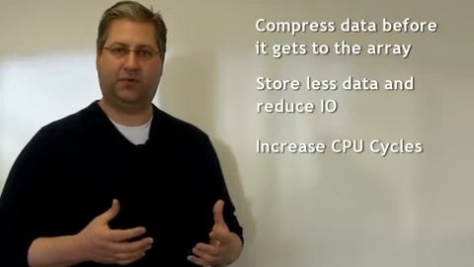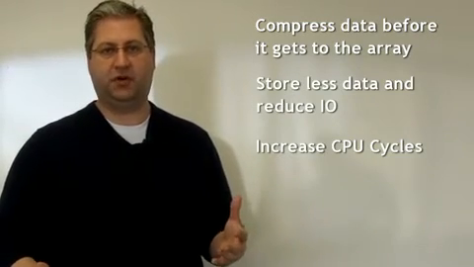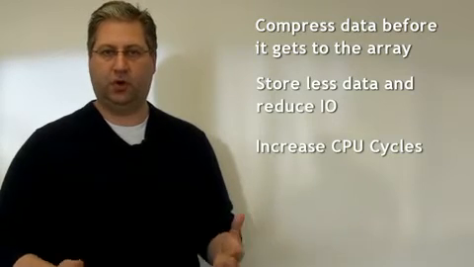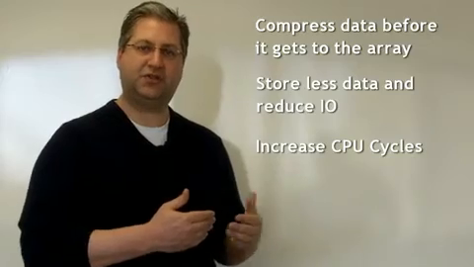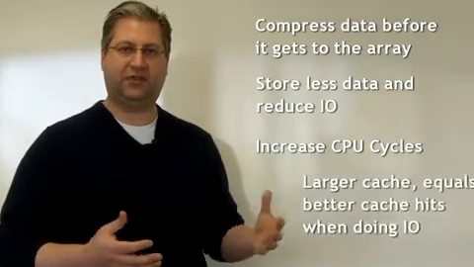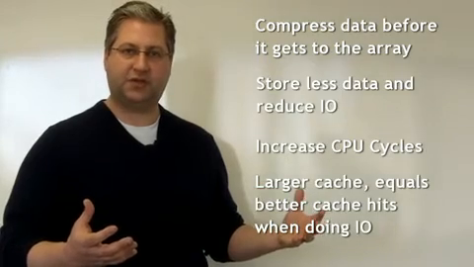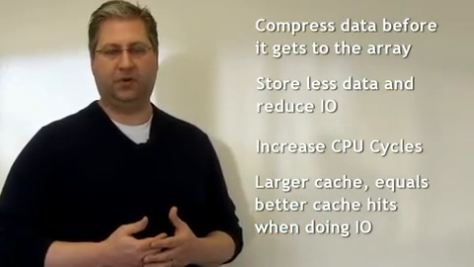I'm actually gaining performance. In addition, whatever my compression ratio is on disk, let's say 2:1, what I end up getting for my cache is a 2 times bigger cache hit capacity, or a 2 times larger cache, so that I get better cache hits when doing I/O.